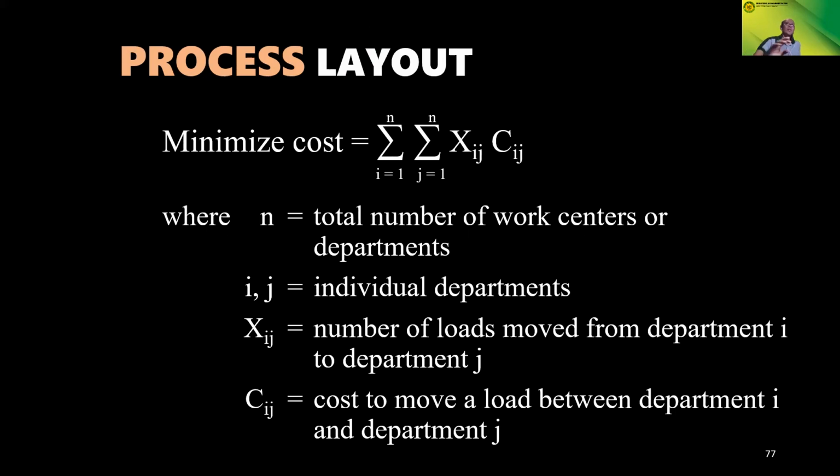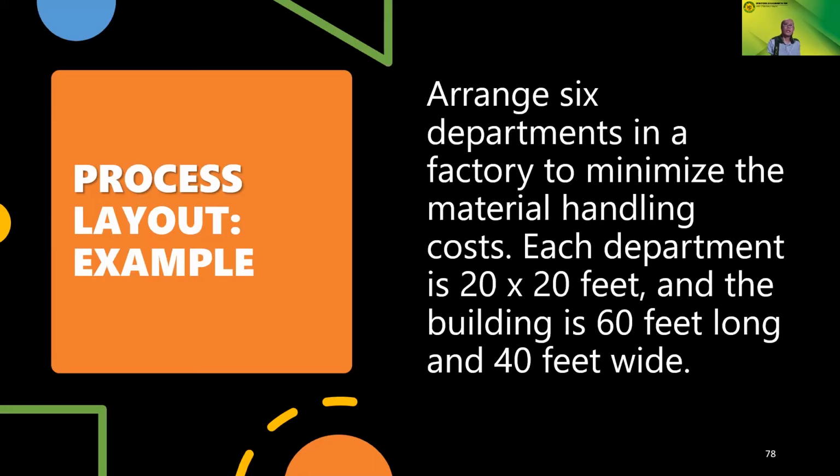So, to understand it better, here is a problem. We are going to arrange 6 departments in a factory to minimize the material handling cost. Each department is 20 by 20 feet and the building is 60 feet long and 40 feet wide.